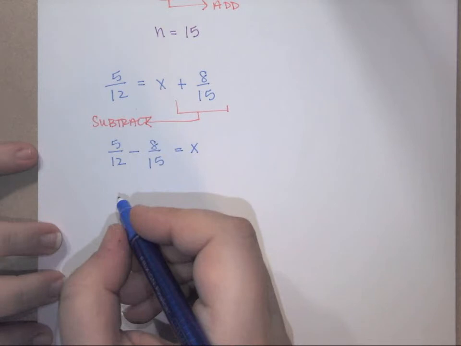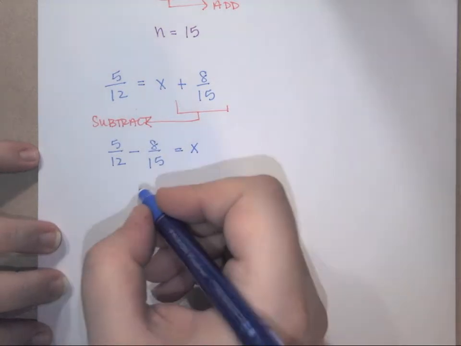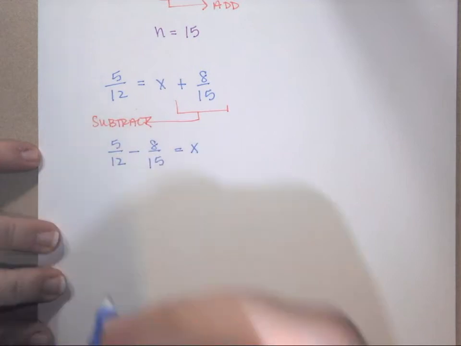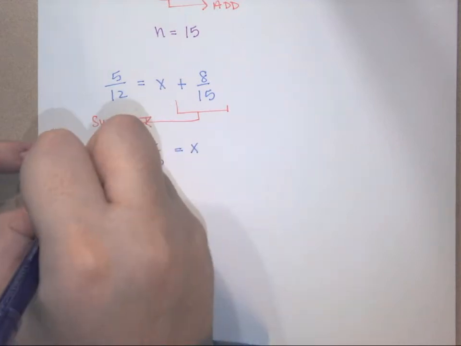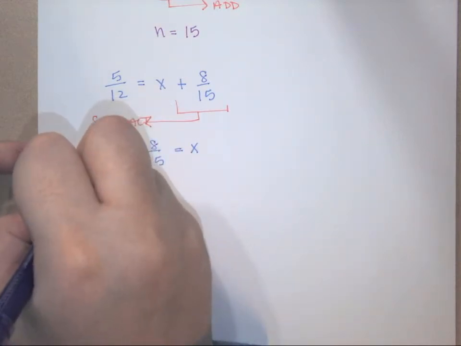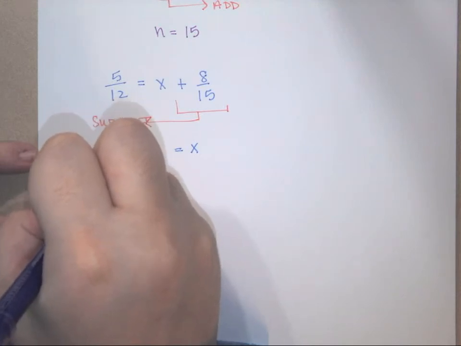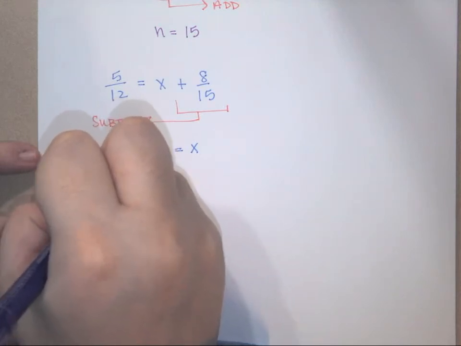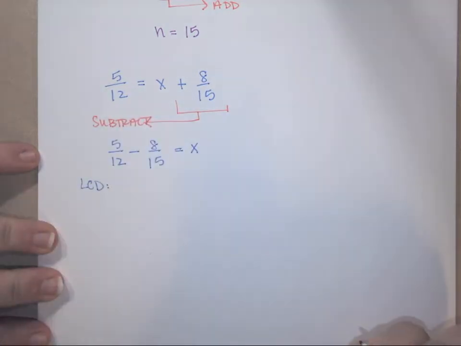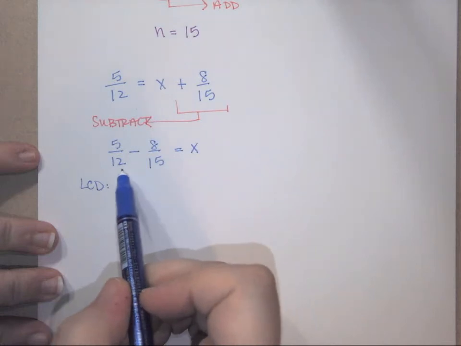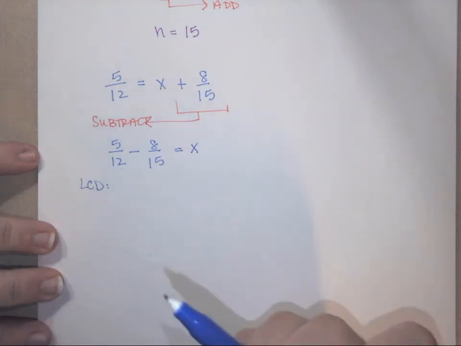I'm going to do that by taking this 8 over 15 and moving it across my equal sign. Because it's positive, to move it this time I have to subtract. So when I subtract, I'm going to end up with 5 over 12 minus 8 over 15 is equal to x. Now my x is totally isolated.